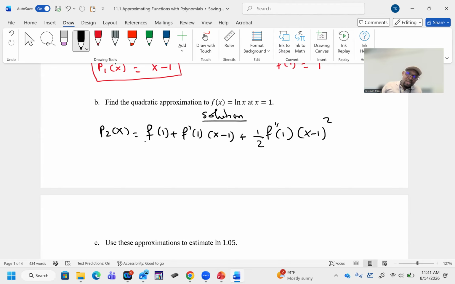We have already done the first part, so we know this is x minus 1. So we don't need to do that twice, right?